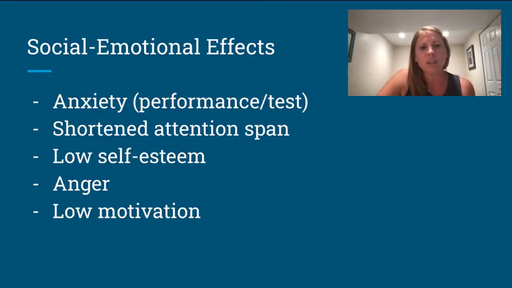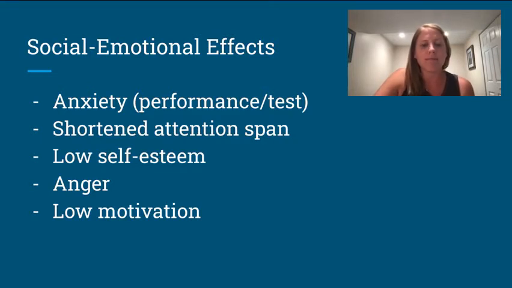So when a student or a child has dyslexia, there are almost always negative social emotional effects that children display. And this can be seen through anxiety, performance anxiety, so presenting or reading out loud in front of their classmates, as well as testing anxiety, shortened attention span, which connects to low motivation there on the bottom.